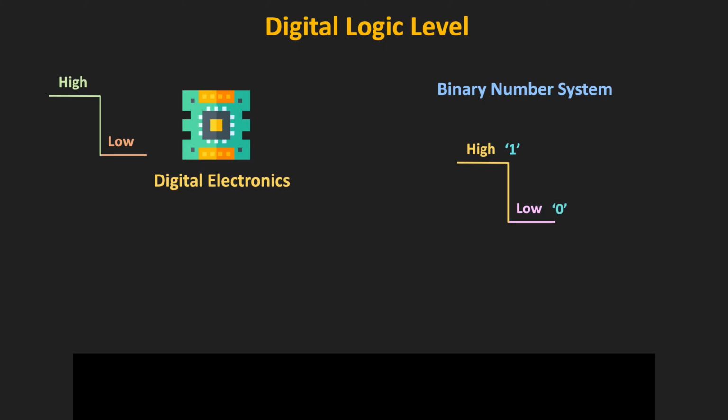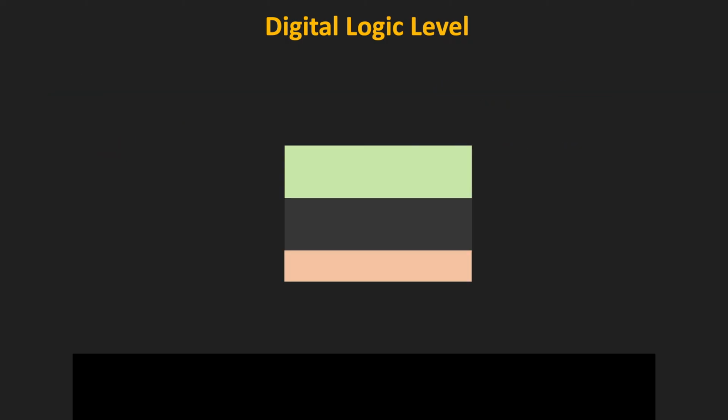In terms of voltage level, the high voltage level could be 5 volt and the low voltage level could be 0 volt. But in reality, logic 1 and logic 0 are represented by a voltage range rather than a particular voltage level. For example, for any digital signal to be considered as logic 1, it is not always necessary for it to be 5 volt. Even if the voltage level is within a certain band, it can be considered as logic 1.